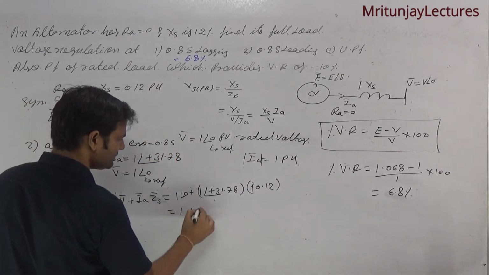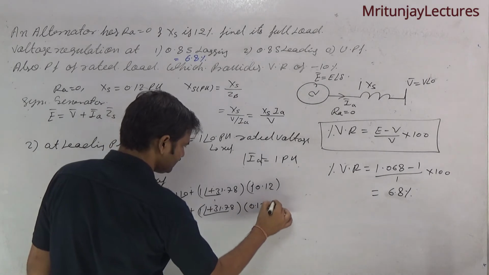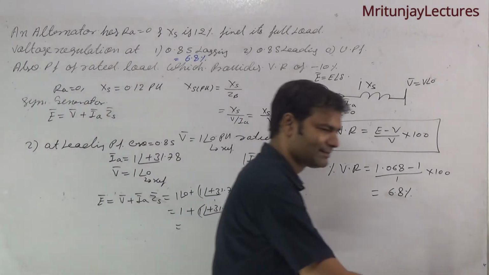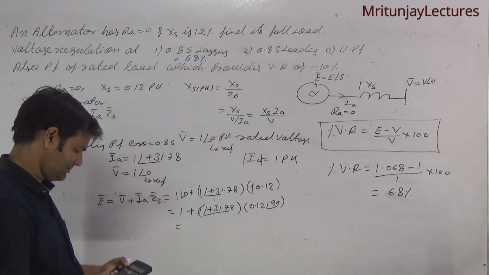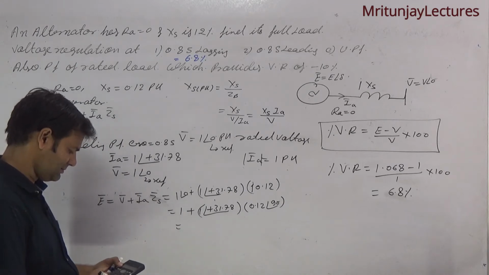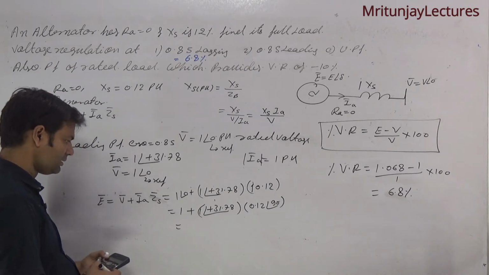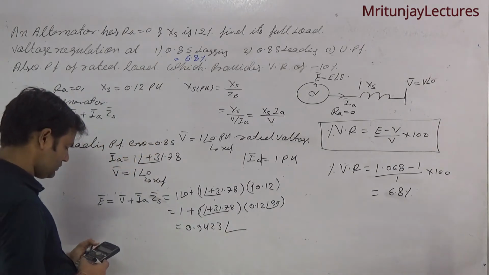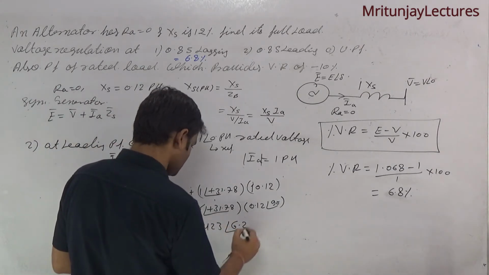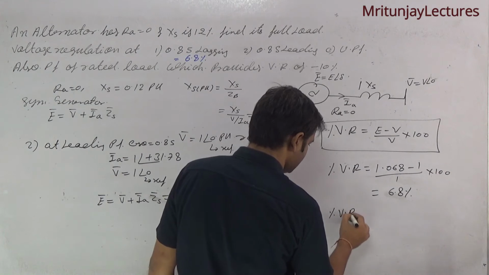So 1 plus, we get 0.9423 at the angle 6.214 degrees in pu. Okay, so what about the voltage regulation in this condition?